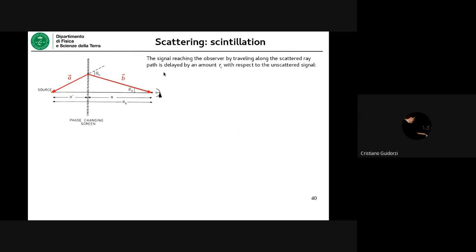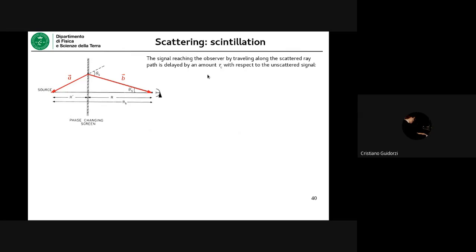Well, it is interesting to calculate the delay between these two rays. Let's suppose they are emitted at the same time from the source, but of course the red one has to travel a longer path, so there will be a delay at the arrival time at the observer.